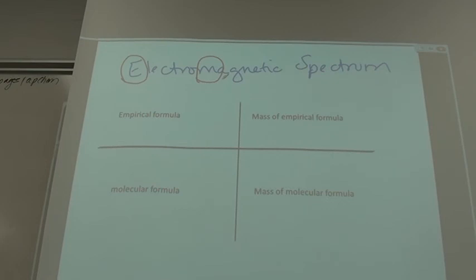So you start with the empirical formula. Below it, alphabetically, is the molecular formula. And then I just remember anything on the right is mass, and it corresponds to whatever's on the left.